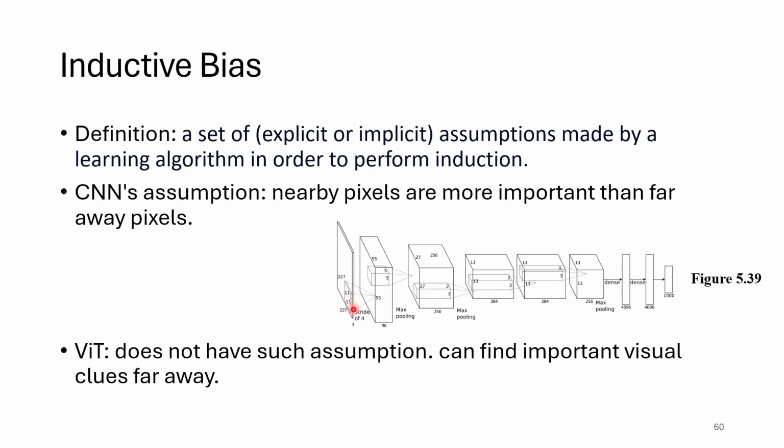So how large is the surrounding? 11 by 11. So for a pixel here and a pixel here, when the information between the two pixels will be merged, it will be very late. When we use the fully connected layers, their data will be overlapped. But the vision transformer doesn't work under this assumption.